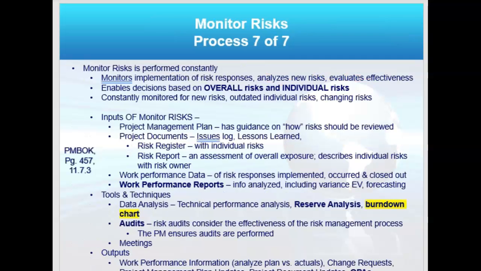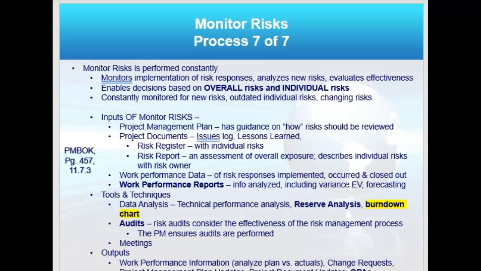Now, the final process is called monitoring risk. This is really a controlling process. So we already have a sense of what the inputs, tools, and outputs will look like. Whenever we're in a controlling process, down the monitoring and controlling process group, we know that the inputs include the project plan, project documents, and work performance data.